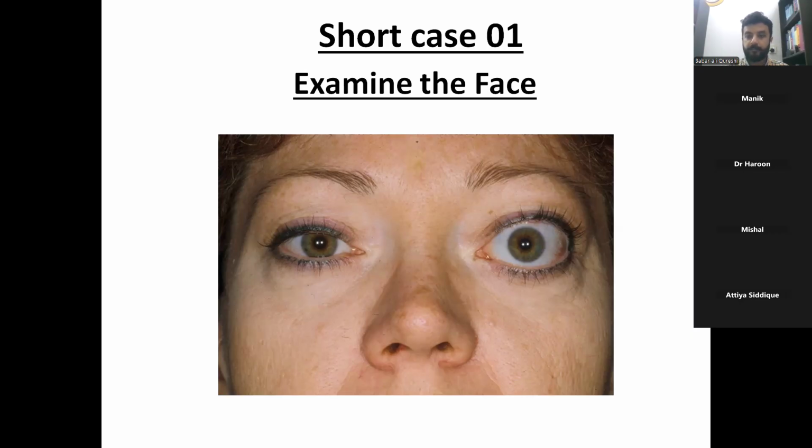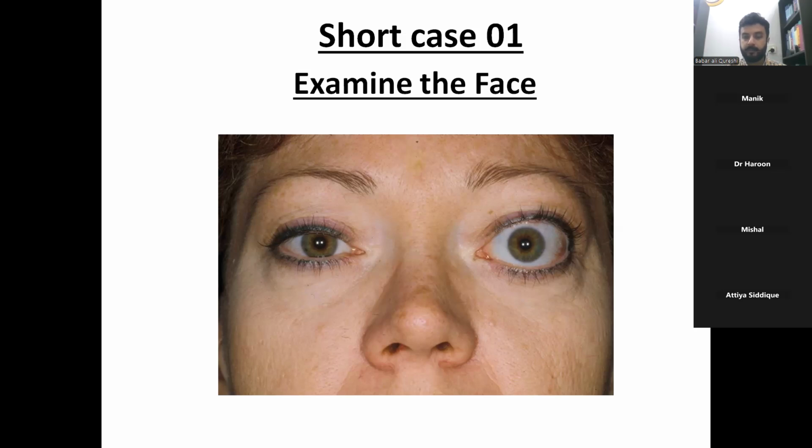Yes, if it's involving the cavernous sinus, then there will be ophthalmoplegia, and along with that, decreased sensation in V1 and V2. Okay, so you also want to check completely the trigeminal nerve and particularly the facial nerve as well in the examination of the face. Yes, sir.